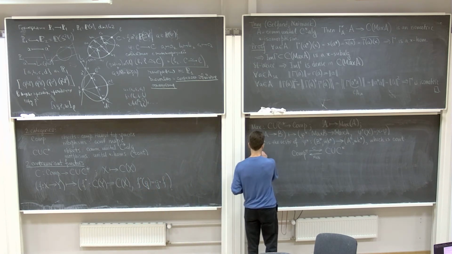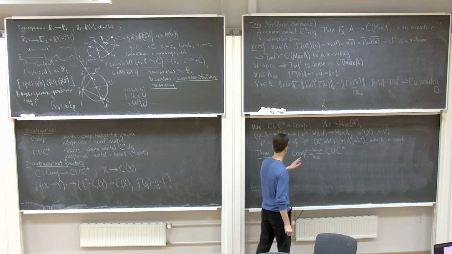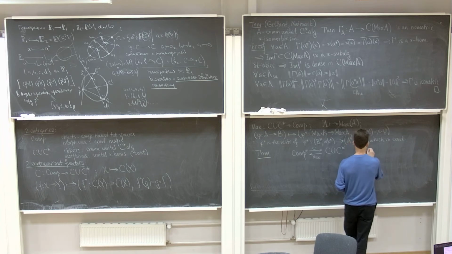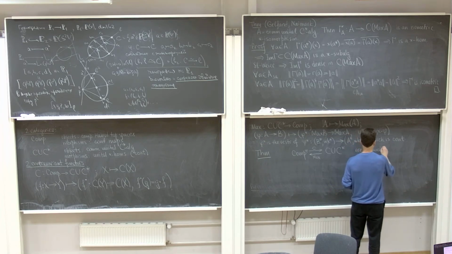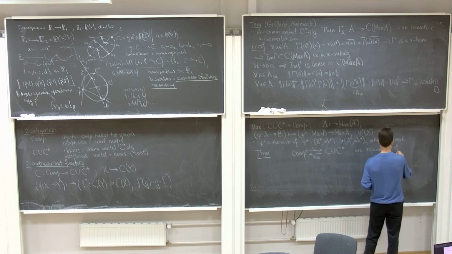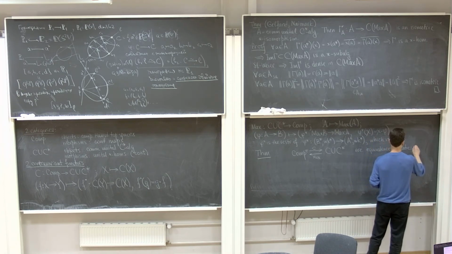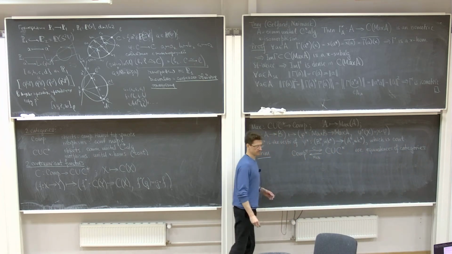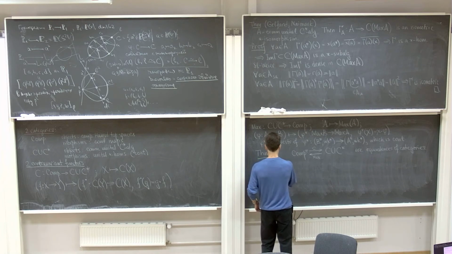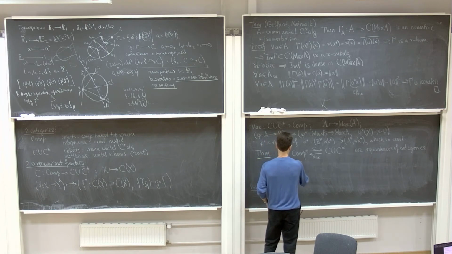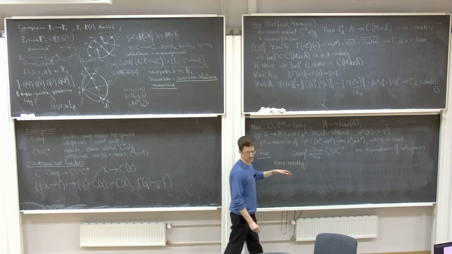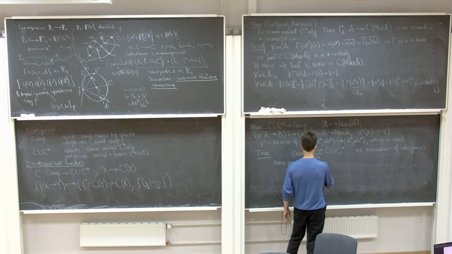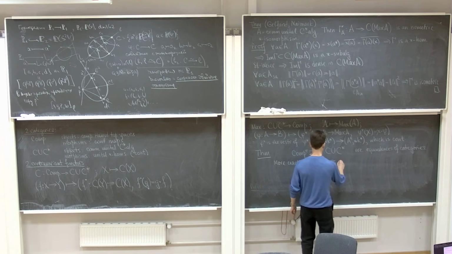I claim that these two functors are equivalences of categories. So this is a category theoretic form of the Gelfand-Naimark theorem. And more exactly, these functors are quasi-inverse to each other in the sense that if we compose them, then the composition will be isomorphic to the identity functor.